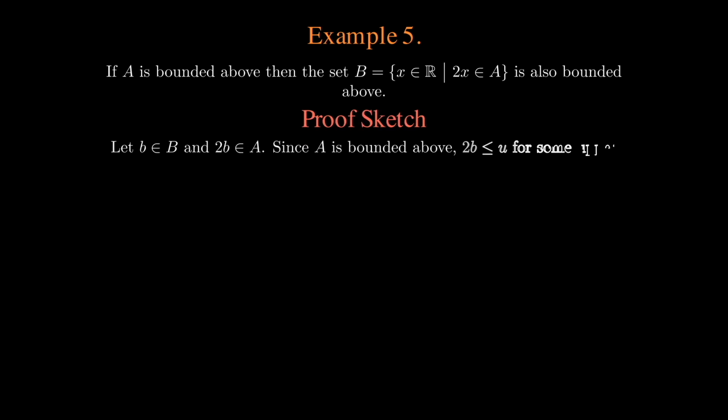To give a general idea of a proof sketch, we'll take an arbitrary element in the set B and use the definition of B, which relates back to A, to get the relation that 2b is less than or equal to u, where u is some upper bound of A. Then, solving for b, we see that b is less than or equal to u over 2, thus making u over 2 an upper bound for b, meaning the set B is bounded above.